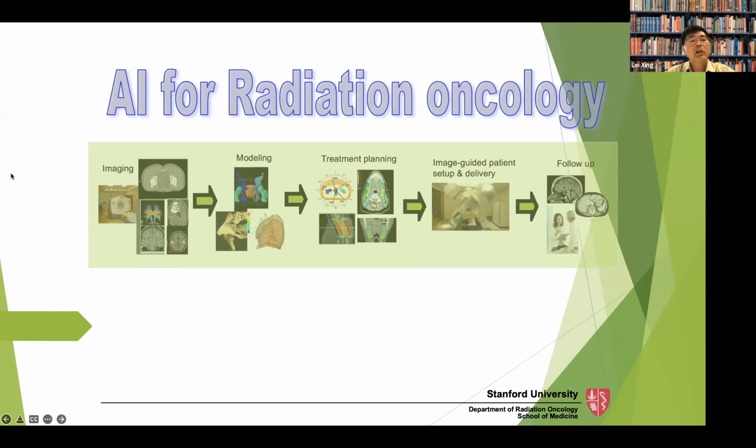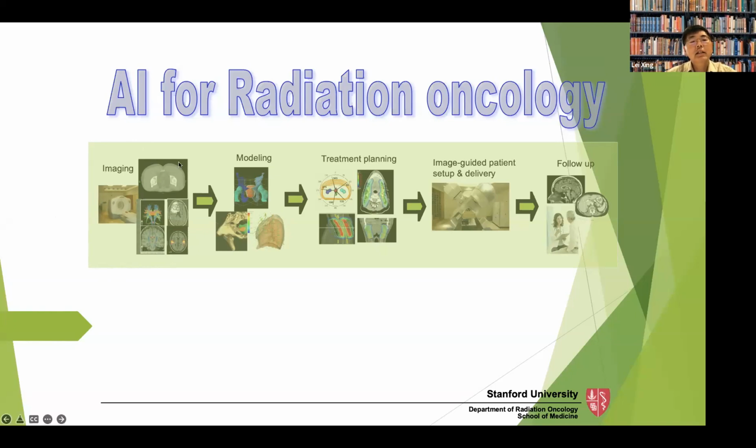When our patients come to our clinic, they are already diagnosed, right? If they have lung cancer, we know exactly where it is. So what we typically do is imaging, and this imaging is not for diagnosis, it's really for modeling the patient, to come up with a geometric model so that we can do treatment planning.